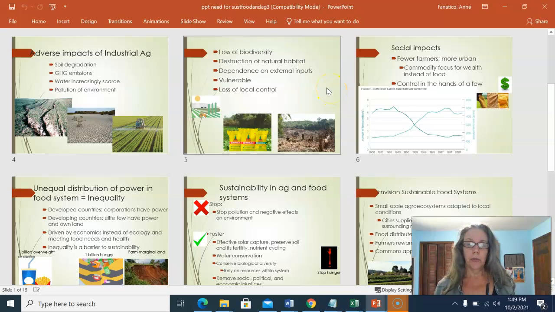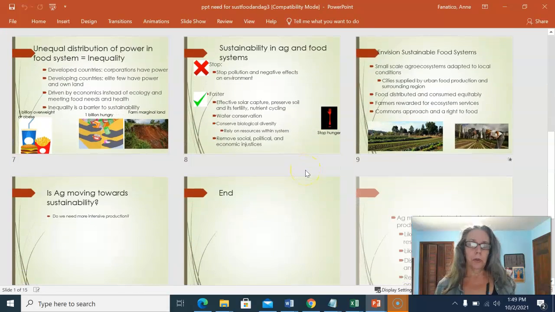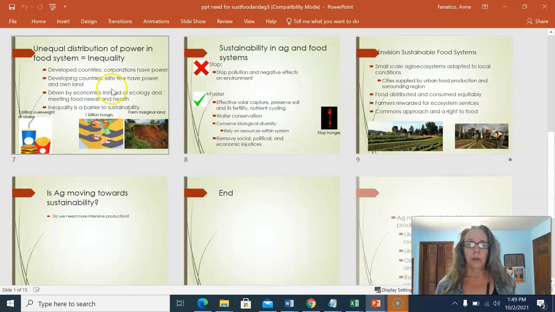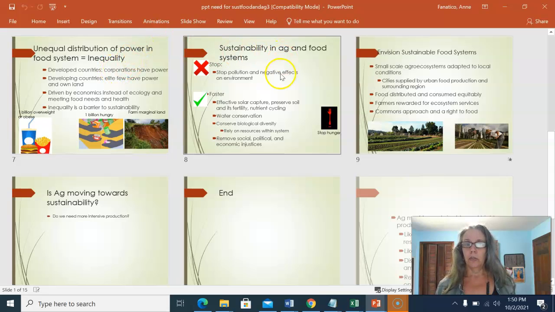So these were some of the things that we talked about, and you all said yourselves that you're concerned about many of these things. So review the PowerPoint and remember how we talk about the problems with ecology, we talk about the problems with inequity also, and then we talk about ways to fix that, ways to reduce negative impact on the environment, and the things that need to be fostered.